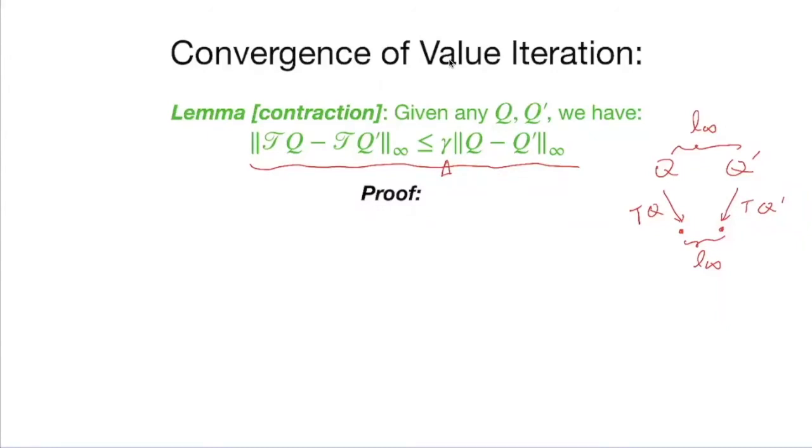And we proved that if the contraction holds, then we can actually converge. But here we are doing something more general. We are saying let's prove the contraction holds for every possible pair, Q and Q prime, not just Q, Q star. So this is more general. If we can prove this, then we can definitely prove it's a contraction between Q and Q star.